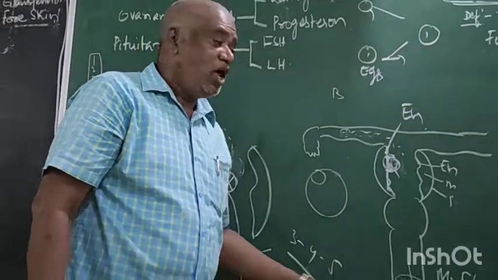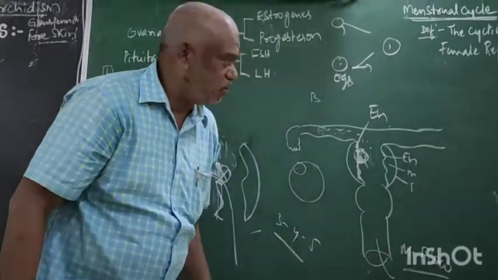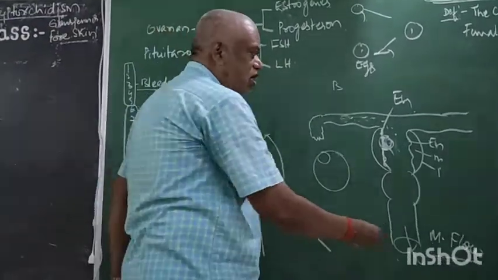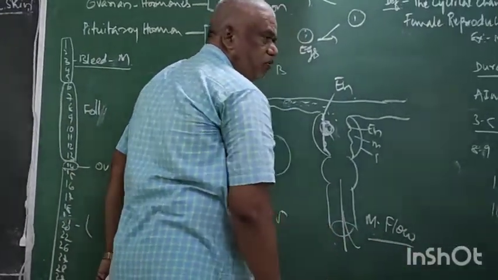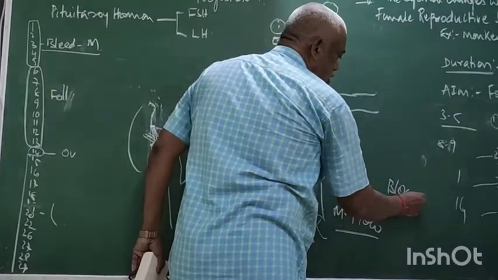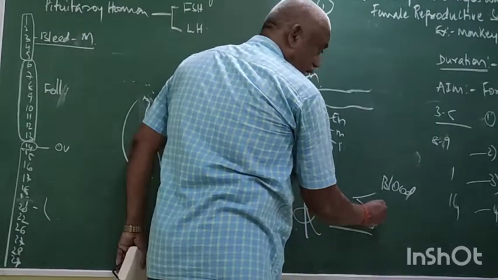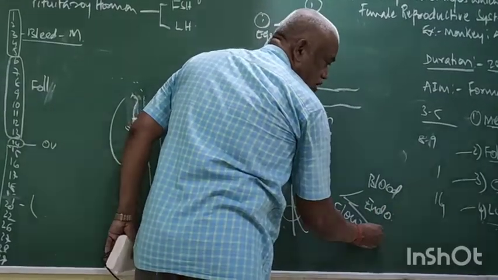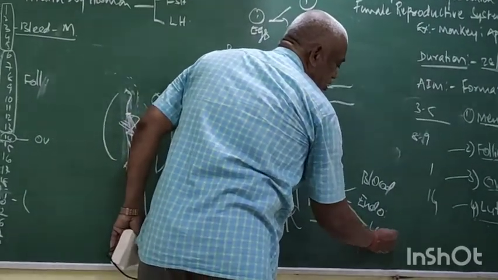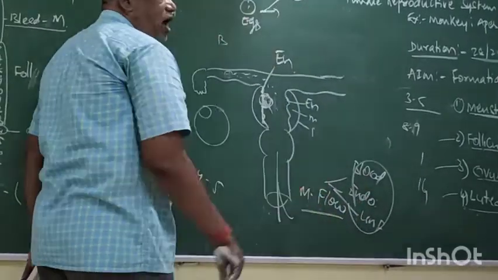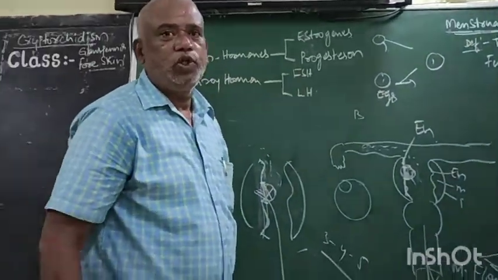What is the composition of menstrual flow? Some liquid comes to the outside. This is called menstrual flow. This menstrual flow contains blood, part of the endometrium, and the unfertilized egg, the degenerated egg. These 3 together are called menstrual flow.